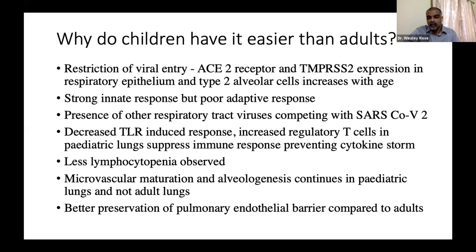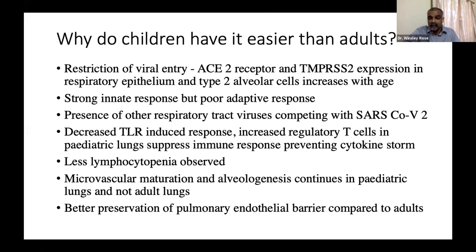So SARS-CoV-2 has less area to actually fight with in the child's respiratory tract. Also, there are lesser TLR-induced responses and increased T regulatory cells in pediatric lungs, which suppress immune response, which prevents a cytokine storm.